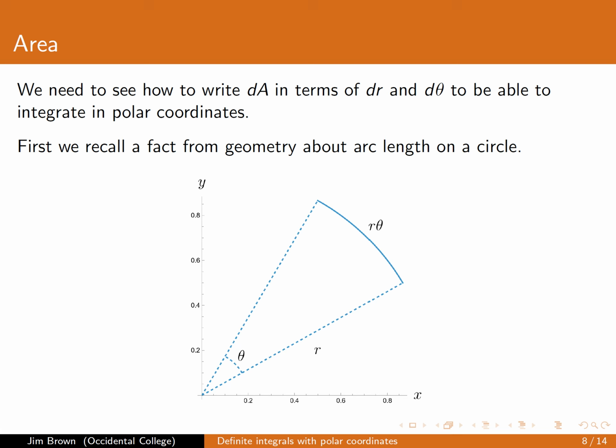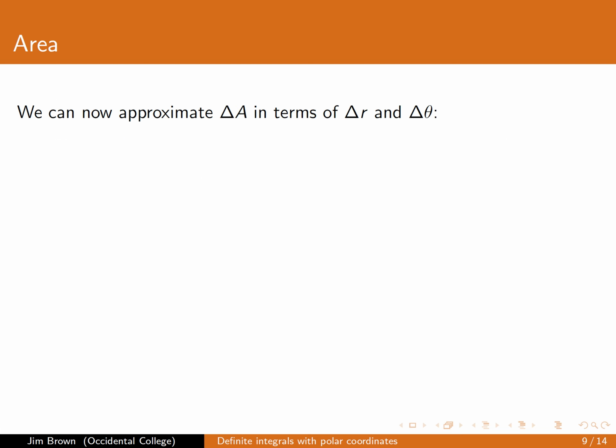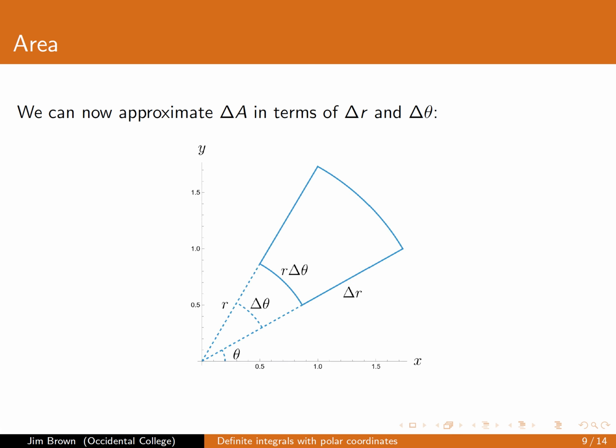So we're going to use this fact to approximate our delta A with delta r and delta theta. So here's the picture. Looks a little complicated. We want to think of this part in blue here as some small amount of area. So this is our little delta A. I've drawn it bigger so that we can see it, but you want to think of this as a tiny little piece of area.